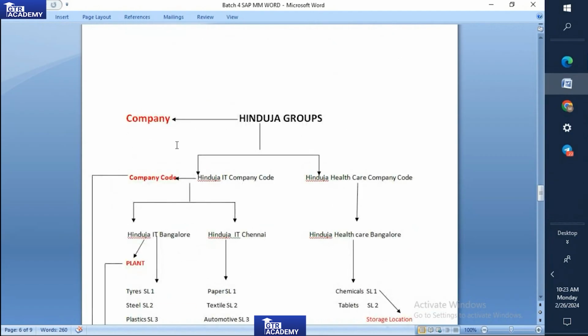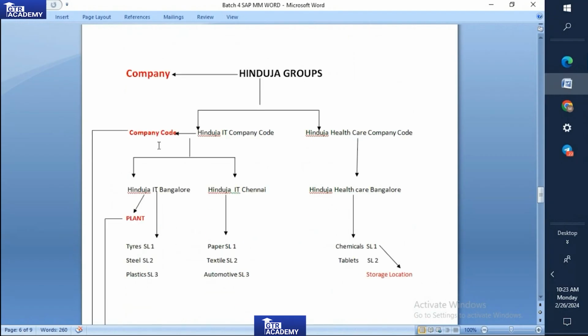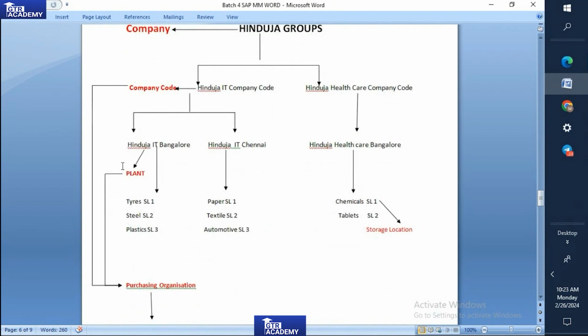We need the FI team's help for the creation of this enterprise structure. For the creation of the plant, they will provide us the data, under which company code we need to create the plant. Under that company code, we have to create the plant. Our role will start from here.